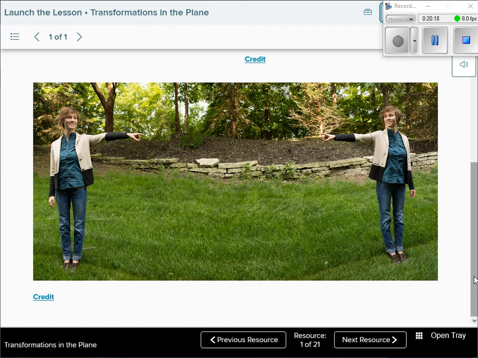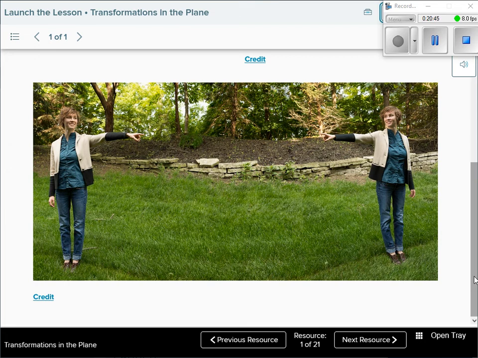A turn. A reflection is a flip. And a translation is when you just slide it. So we'll probably use the generic names instead of using the big fancy names.